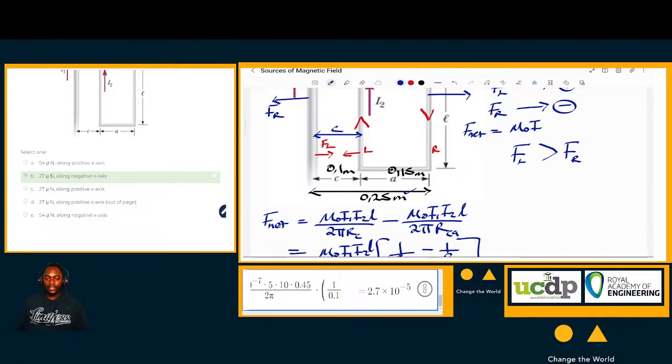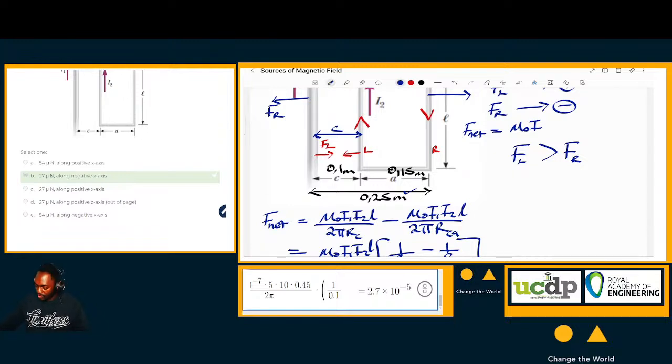It's CA, which is 0.25. But for FL, the radius is C, which is lesser than the radius CA.